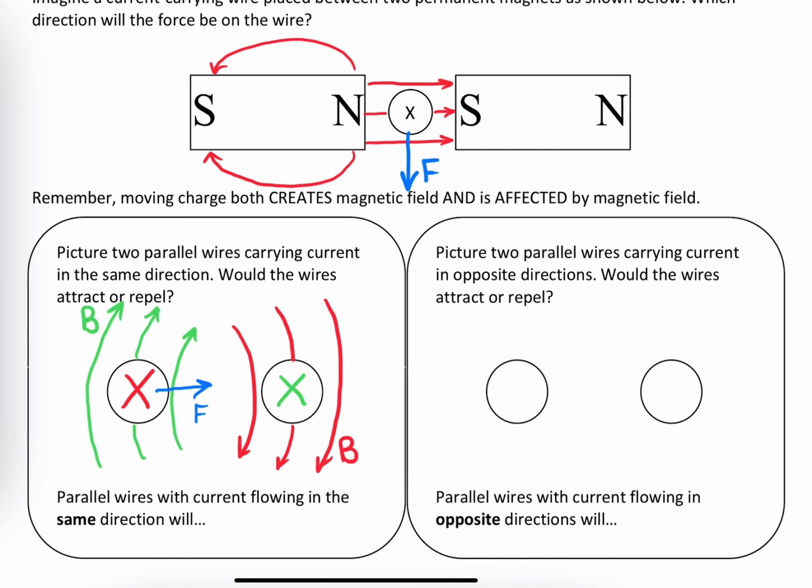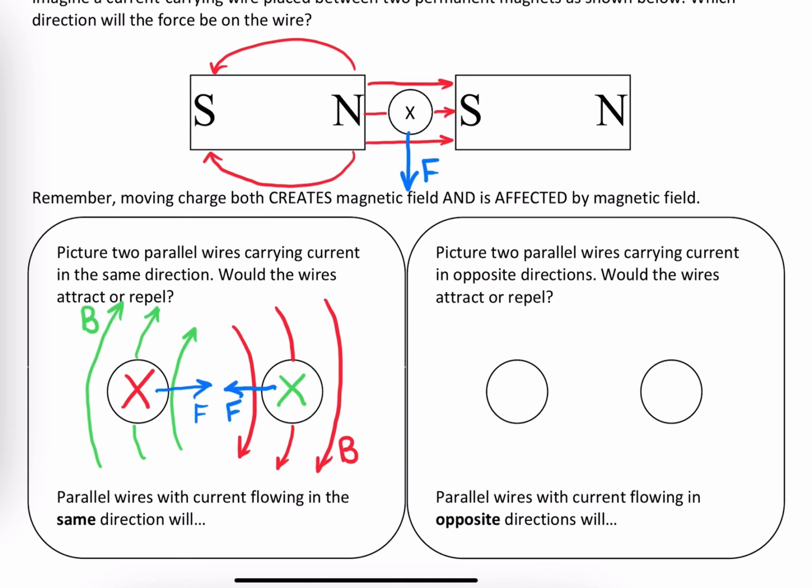Okay, now let's look at the second wire, the one on the right. It is in a magnetic field that's going down. So pointer finger goes down. It has current going into the page. So thumb goes into the page while pointer finger still goes down. Now I look at my middle finger, I see that it's pointing to the left. Just listening to me go through this probably isn't going to make a lot of sense.